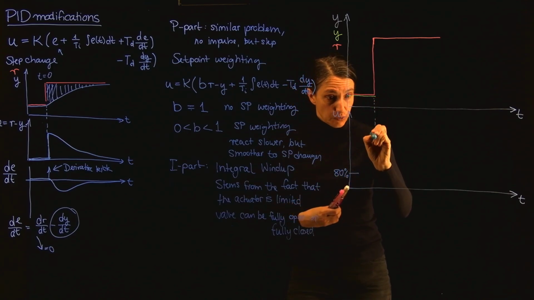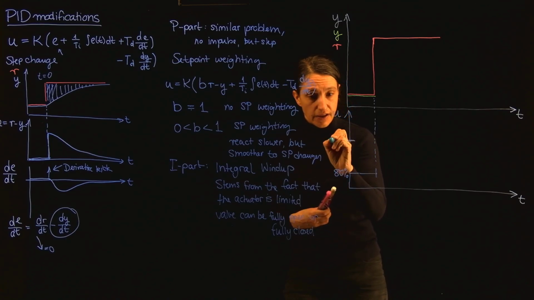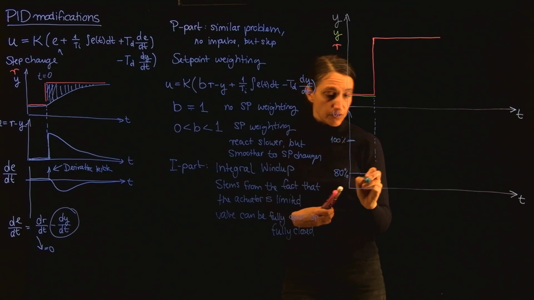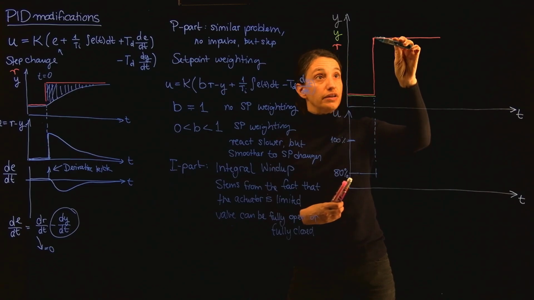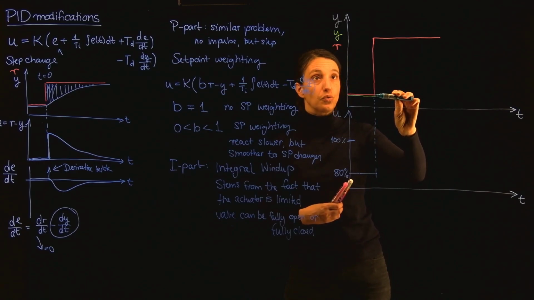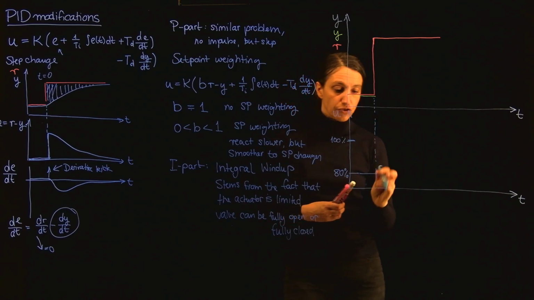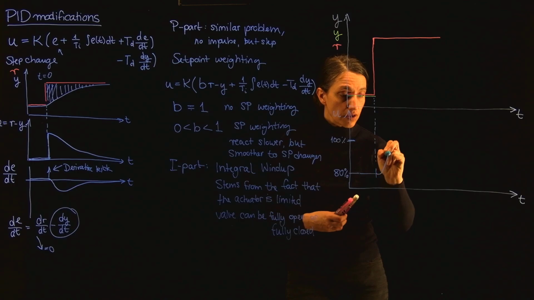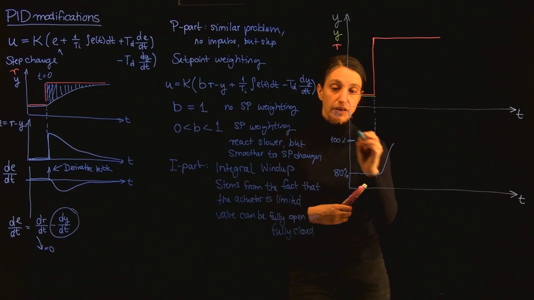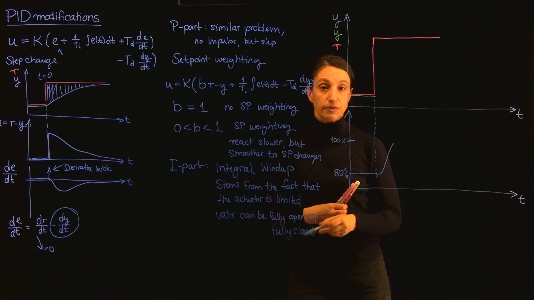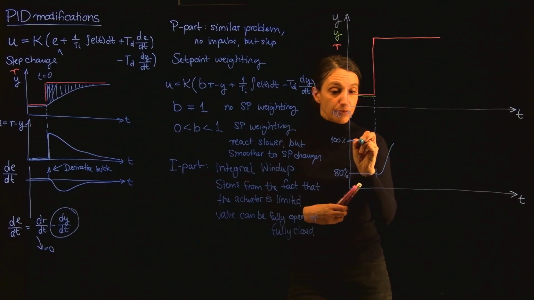Here is the point where the problem, well, not where it starts. Here I have 100% open. Now I see there's a huge discrepancy between the reference point and the process variable. This is quite big, so I need quite a lot of control action, and it's going to increase my controller output, the Stellgröße, up to a certain point, up to the 100.